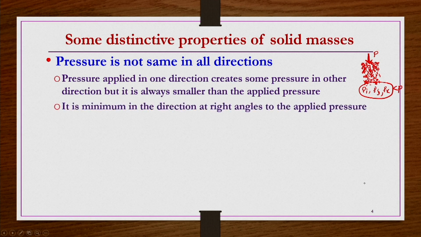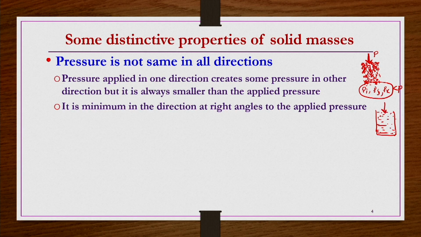Then it is minimum in the direction at right angles to the applied pressure. Let us say this is the solid mass that we are having here, and you are applying pressure here.